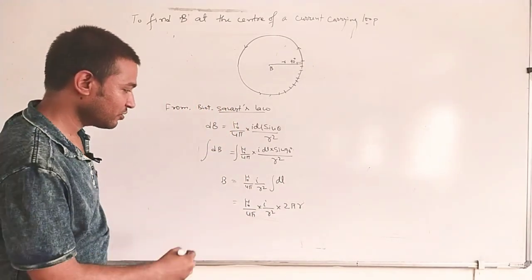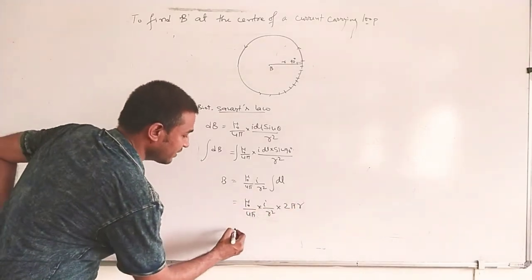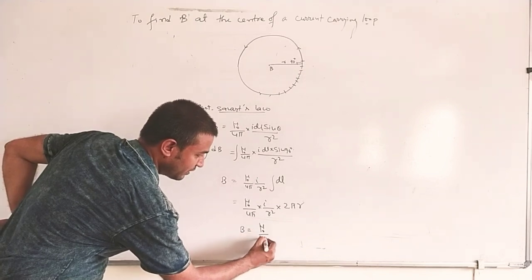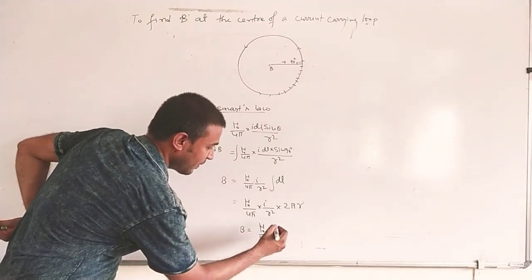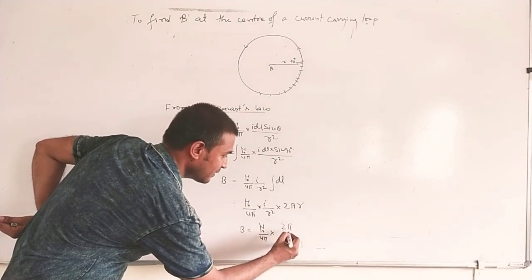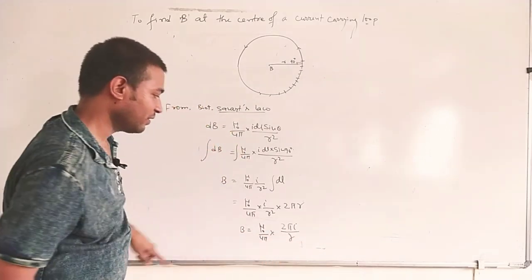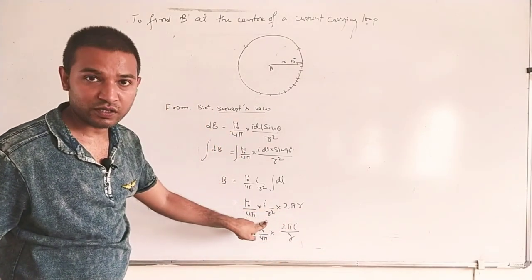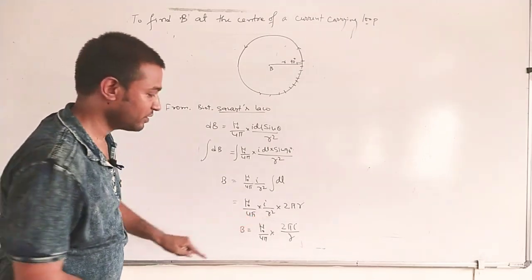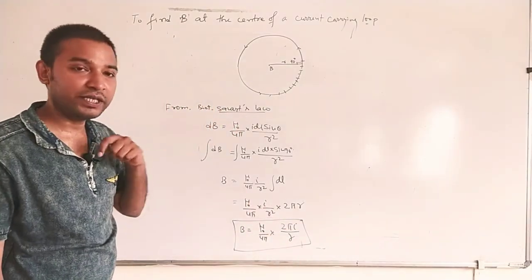Here r will cancel with one r of r square, so one r will remain in the denominator. So B is equal to mu naught by 4 pi into 2 pi I divided by r.